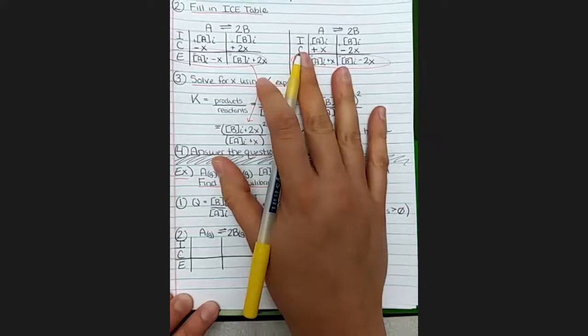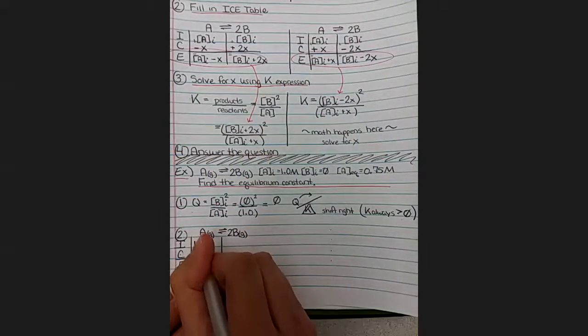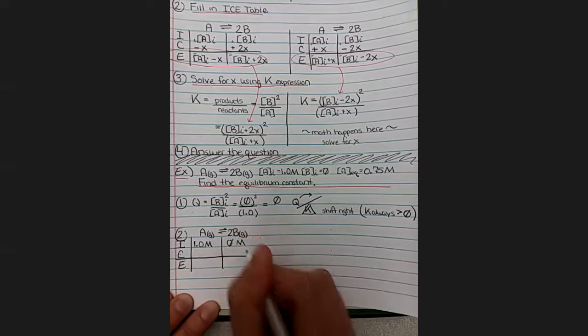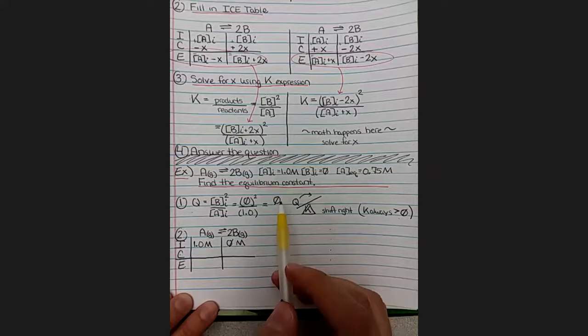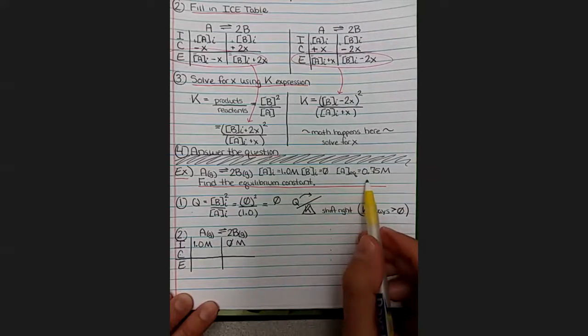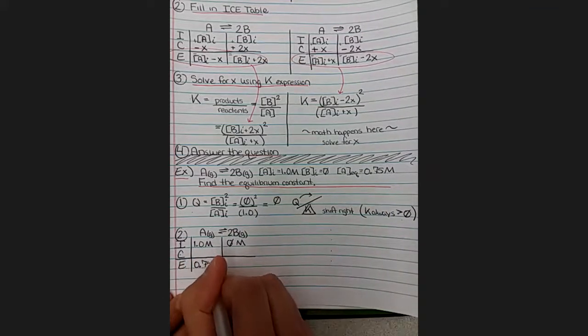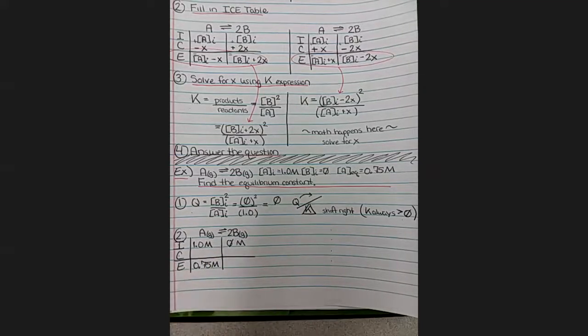The 2 initial concentrations are going to be 1.0 molar and 0 molar. We don't know anything about the change, but the problem did give us one of the equilibrium concentrations. It said the equilibrium concentration of A was 0.75 molar. So we've got part of it.